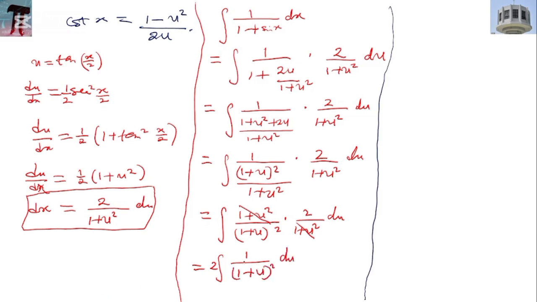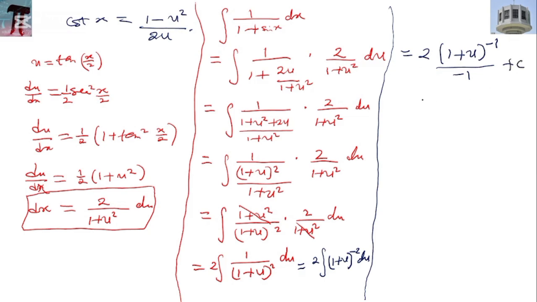This is just like a polynomial, so we can easily evaluate this because we can write this as 2 times the integral of (1 plus u) raised to power minus 2 du, and then evaluating this integral is easy. We have 2 into (1 plus u) raised to power minus 1 divided by minus 1, isn't it? And then if we differentiate 1 plus u, you get 1, so we have no problem.